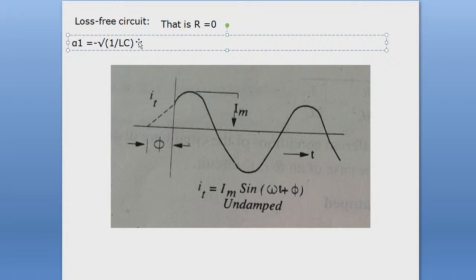Therefore, you can write alpha 1 as the square root of minus 1, which you can write as j, the imaginary part, and 1 by LC you can write as omega. Omega equal to 1 by LC.